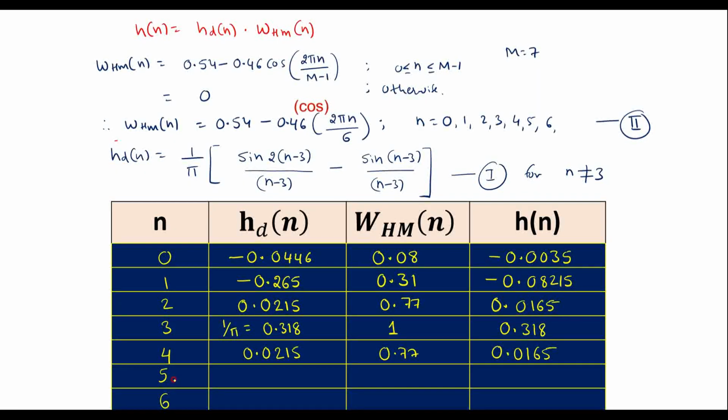Now for n equal to 5, which will be same as n equal to 1 because of linear phase, that is minus 0.265. Even by substituting in these two equations, we will get the same thing, 0.31, and here we have minus 0.08215. Similarly, for n equal to 6, which is same as n equal to 0, that is minus 0.0446, and here we have 0.08, here we have minus 0.0035.